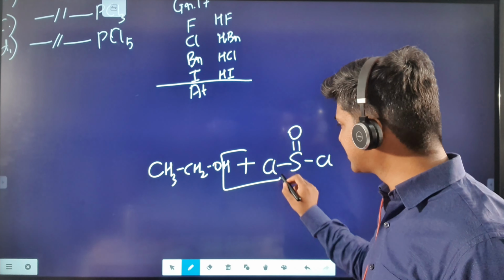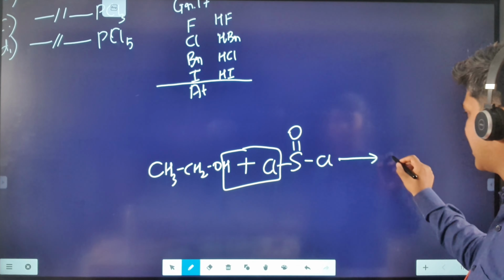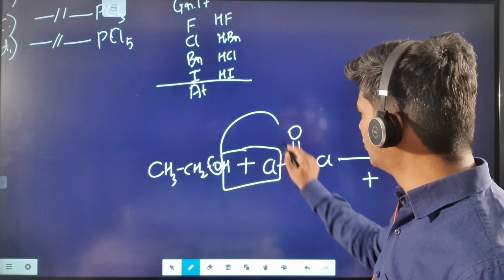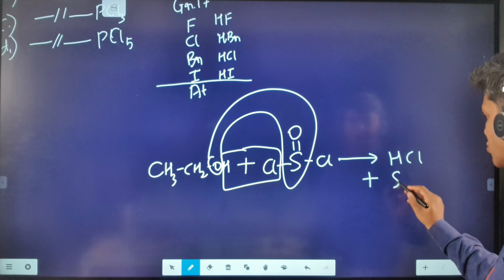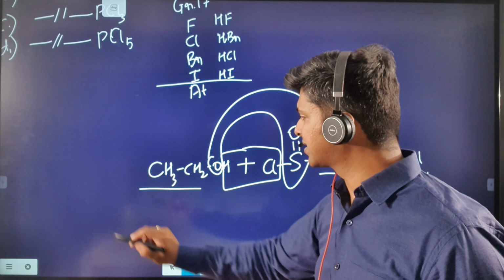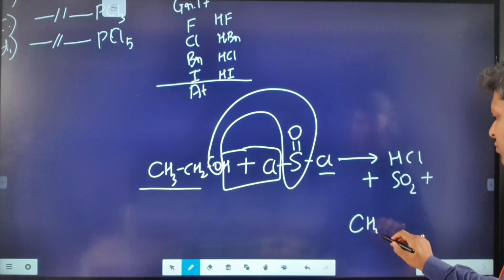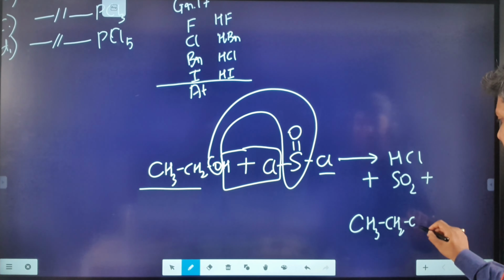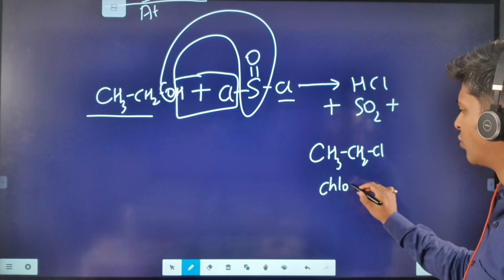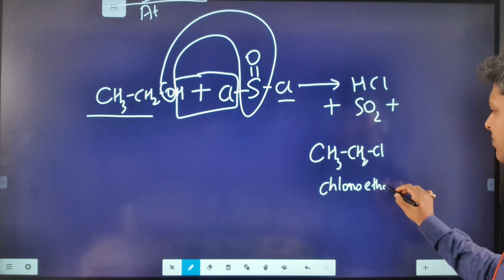So what's going to happen is H and Cl are going to combine to form HCl over here, and the SO and O will combine to form SO2 over here, and the remaining Cl and this CH3CH2 will get attached to form chloroethane this time. So this is the commercial method for the manufacture of chloroethane. Why is it the commercial method?